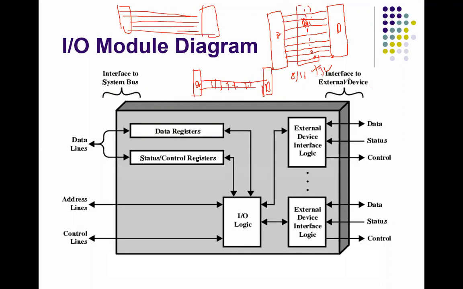But again, here you will find there are 8 different cables for one bit. So you cannot use this technique for distant communication, right? If there is a large distance between two peripherals, you cannot use this technique. 8 different wires are required. But serial transmission you can use if there is a large distance between two devices.